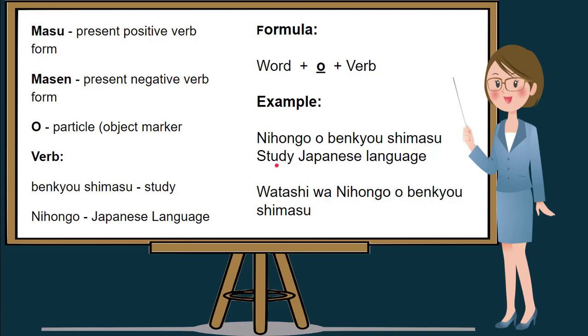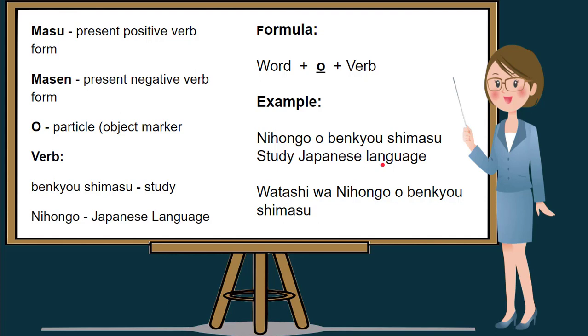So, in English, it will become do not study Japanese language. Let's repeat once again. Nihongo o benkyou shimasen, which means do not study Japanese language.